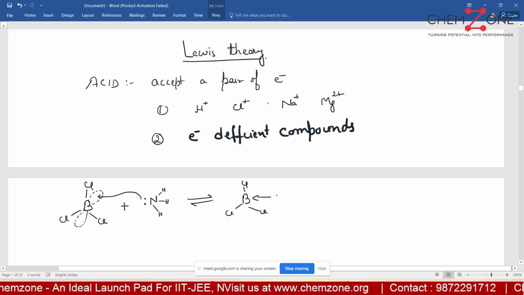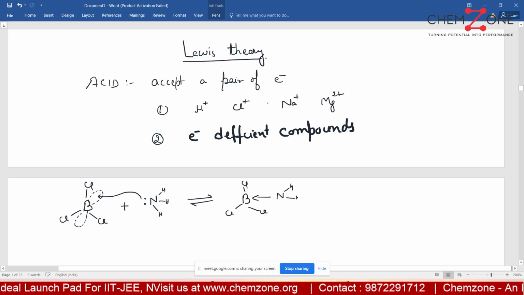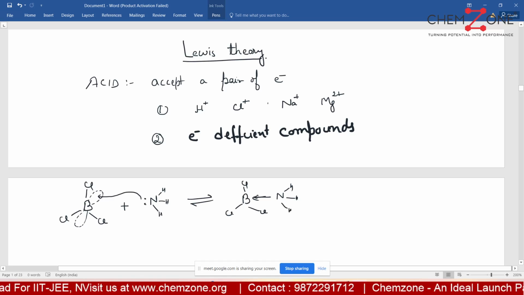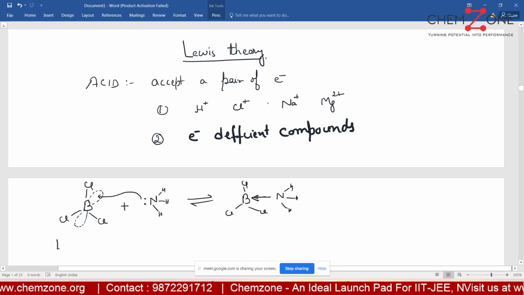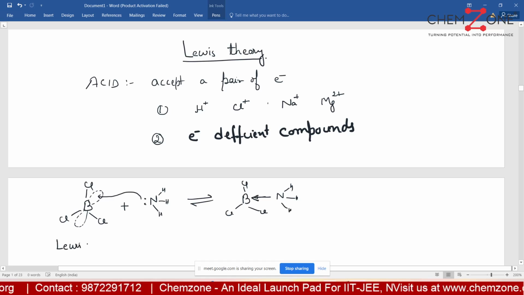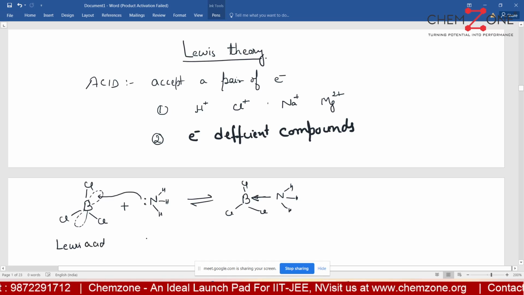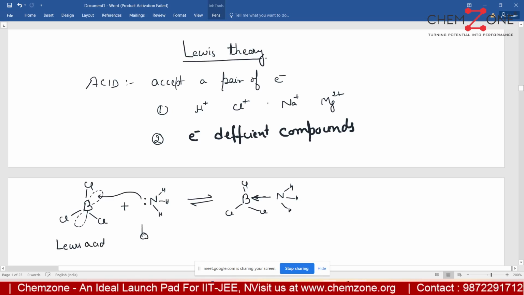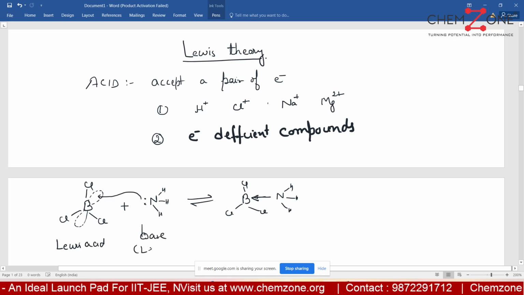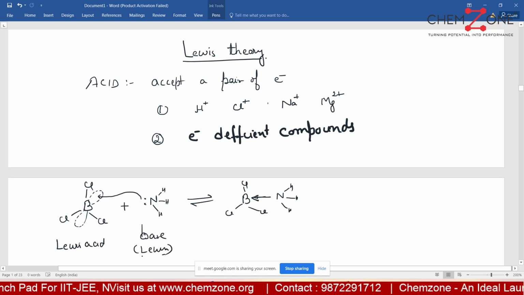So I can say ammonia is an electron pair donor and BCl3 is an electron pair acceptor. Which accepts a pair of electrons is a Lewis acid. And which donates a pair of electrons is a Lewis base. You can write down Lewis base is a substance which donates a pair of electrons.